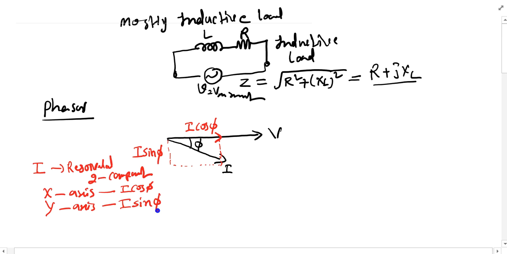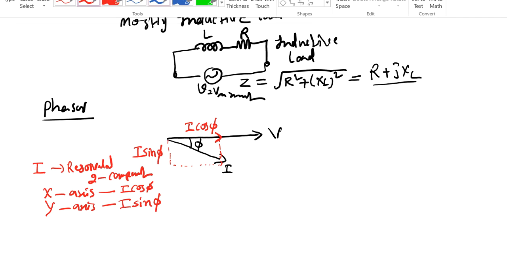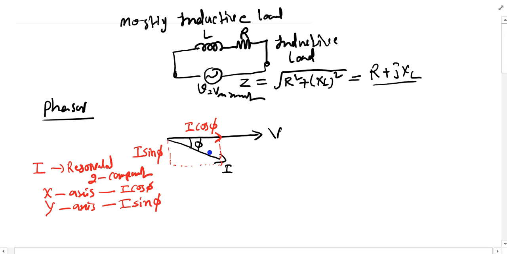So this is what I want to talk about here. Suppose, given this concept, I multiply a voltage variable to each component.